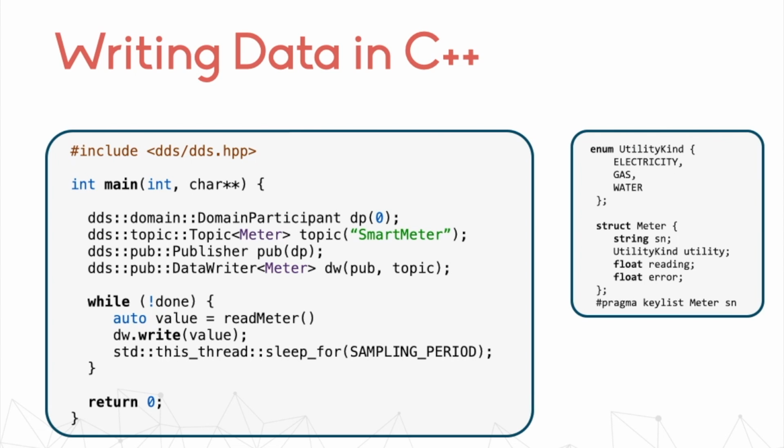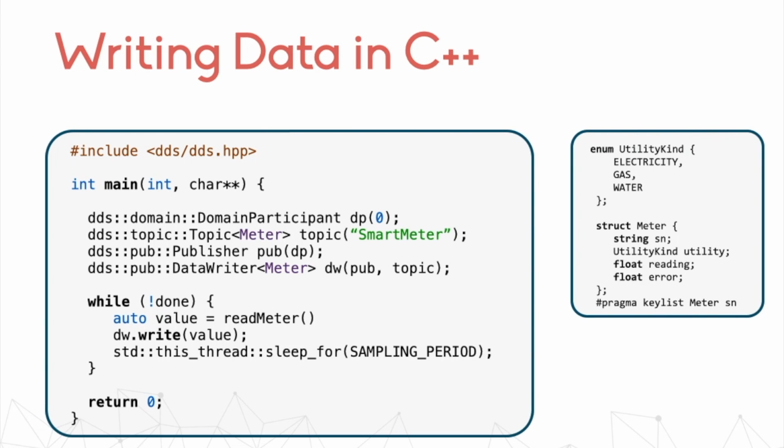So what we will do in the next few minutes is check out Cyclone, build it, and write our first example. The example that we will use is that of a generic utility appliance that might be producing electricity, gas, or water. In fact, it's a connected meter.